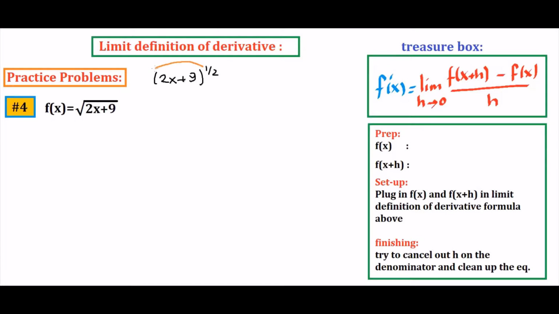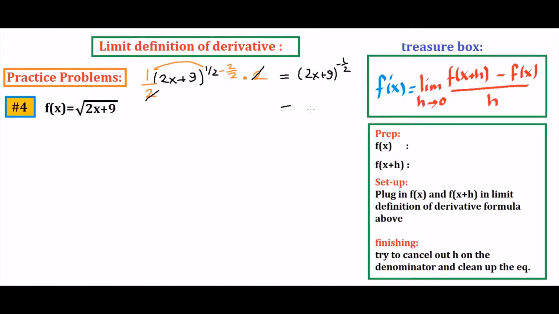We can bring 1/2 to the front, subtract 1 from the power, and multiply by the derivative of the inside function. The derivative of 2x is 2 and the derivative of 9 is 0. So here 2 cancels 2, and 1/2 minus 1 is negative 1/2. So (2x + 9) to the negative 1/2 is our answer.